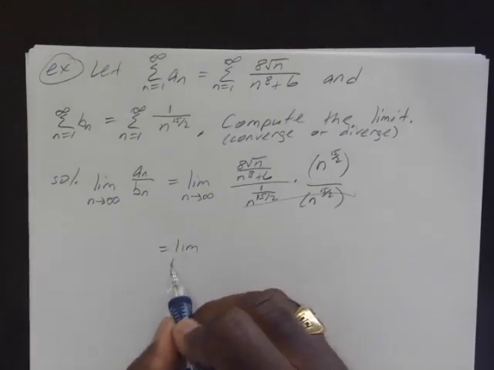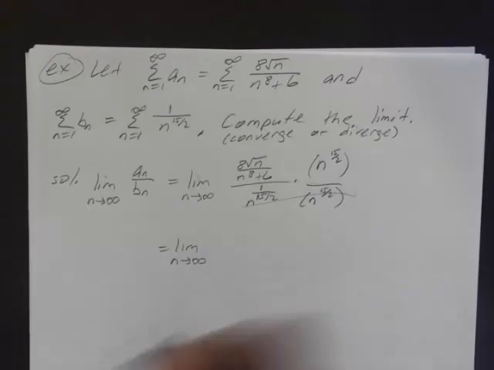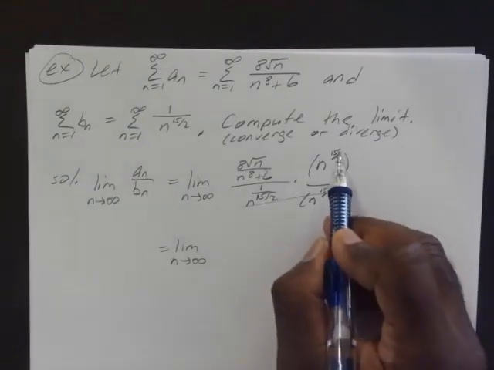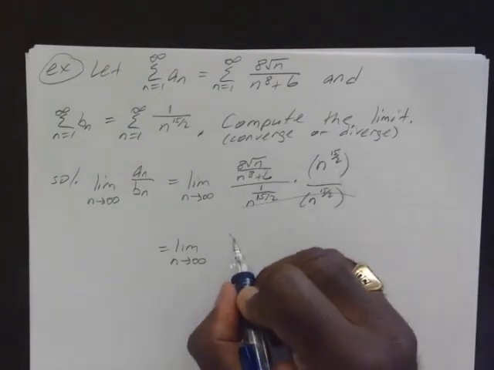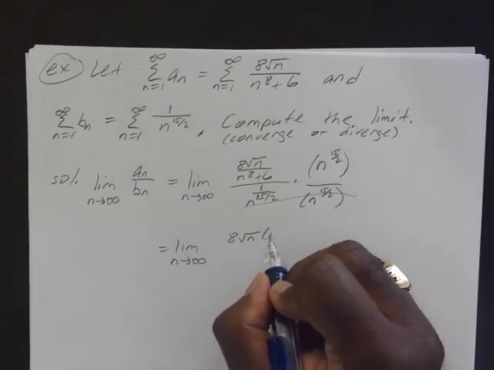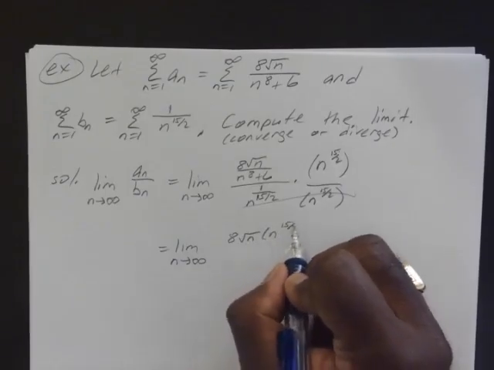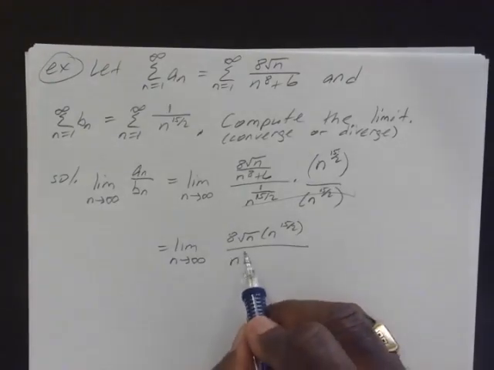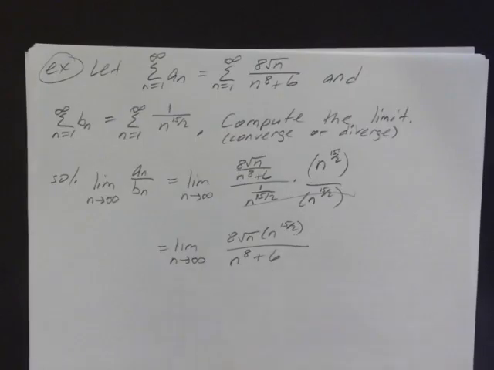So we have the limit as n approaches infinity of 8 square root of n times n to the 15 divided by 2 power, divided by n to the 8th power plus 6.